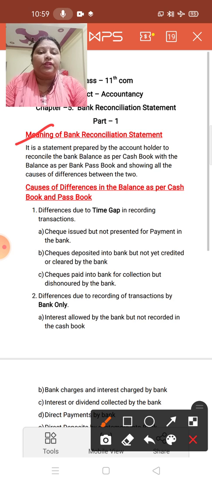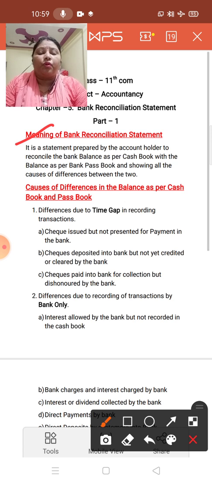See, as I told you, generally the cash book and passbook have different balances. They do not agree. So for this purpose we have to prepare a bank reconciliation statement, in which we have to compare both the books, passbook as well as cash book.